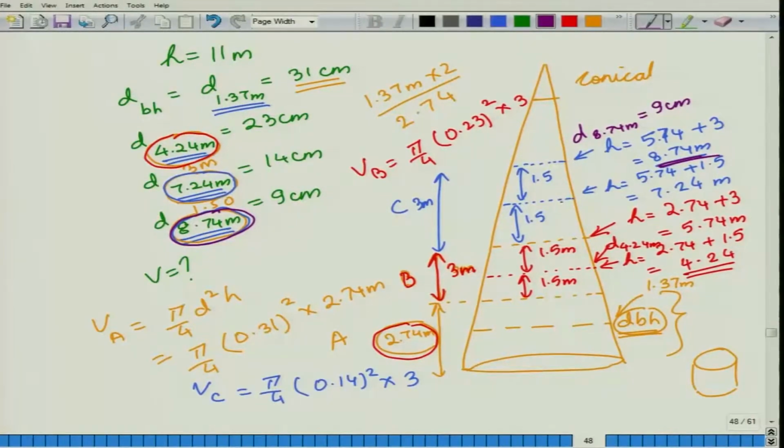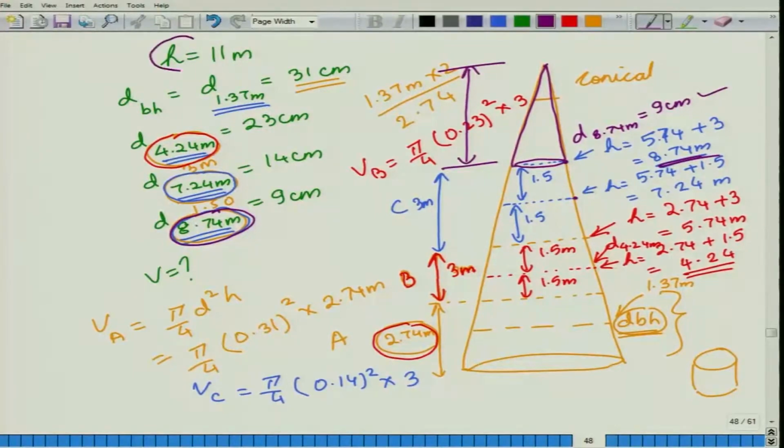Why do we need to measure the diameter at this point? This is because we can now consider this top portion to be a cone. In the case of this cone, we have the bottom diameter, which is given here. The next thing we need to figure out is the height of the cone.